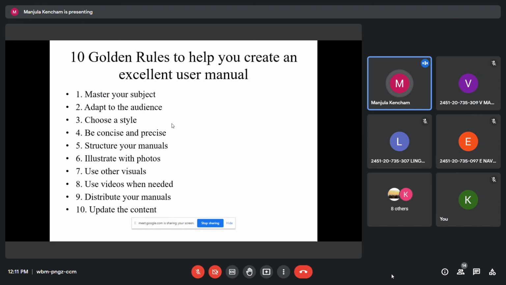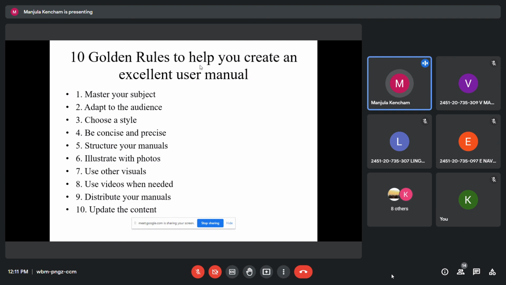Distribute your manuals to whoever needs them. Update the content as and when there is some research carried out and implemented as a part of the equipment. Apart from that, these manuals have to be made available from time to time. The content has to be updated from time to time. People rely upon the ratings of the manuals even before they purchase a product.